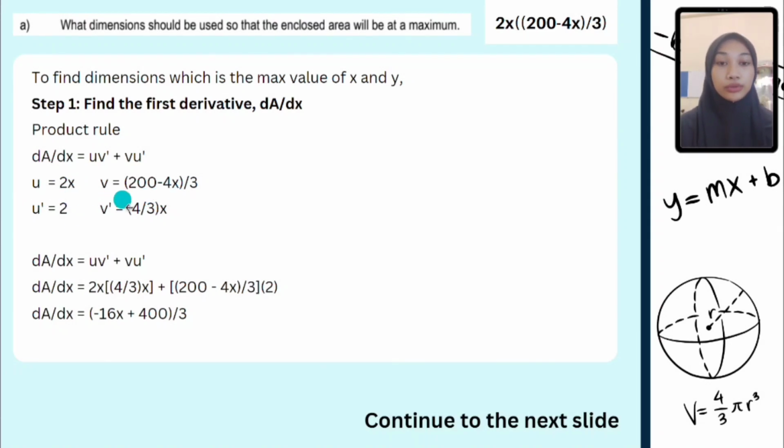Then v equals (200 minus 4x) over 3 and v' equals negative 4 over 3. So dA/dx equals 2x times negative 4 over 3 plus (200 minus 4x) over 3 times 2. Then dA/dx equals (negative 16x plus 400) over 3.